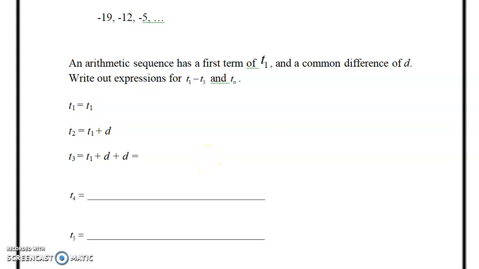That can be simplified to T1 plus 2D, because D plus D is simply 2D.